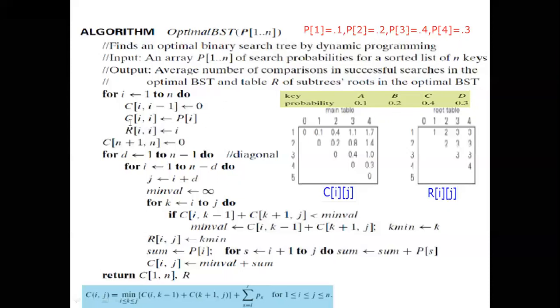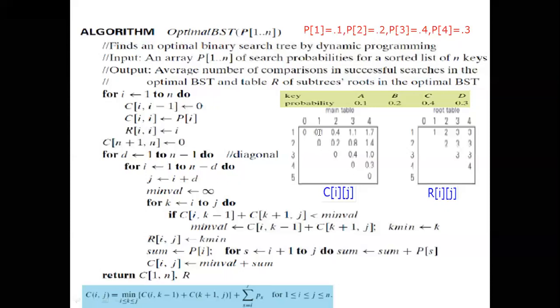Right. Now, first I will explain this particular for loop. What is the use of this for loop? Already I hope you can clearly understand. It's very simple. What did we do while solving these two tables, the C table and the R table? First we solved the first diagonal.